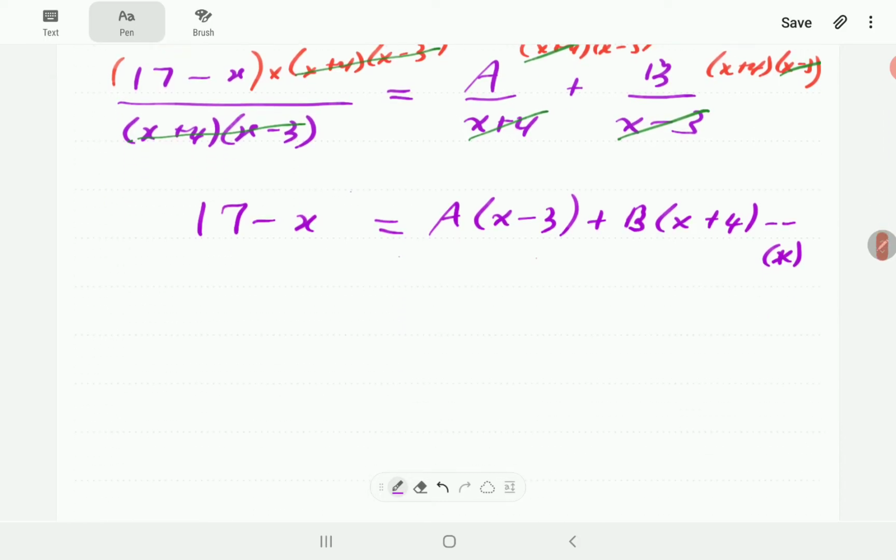Now at this point there are two ways we can proceed. The first method is where we are going to compare coefficients of the polynomials on both sides.